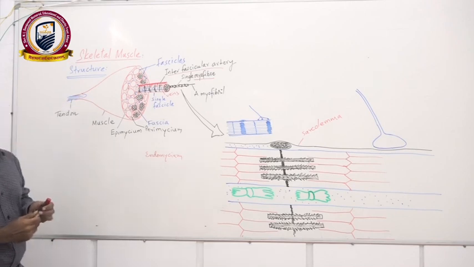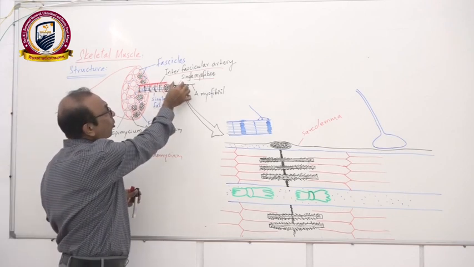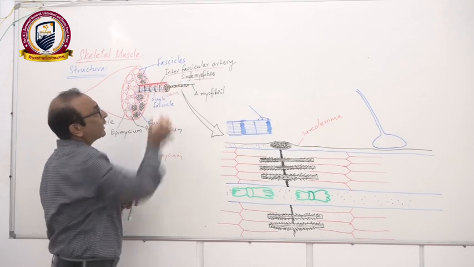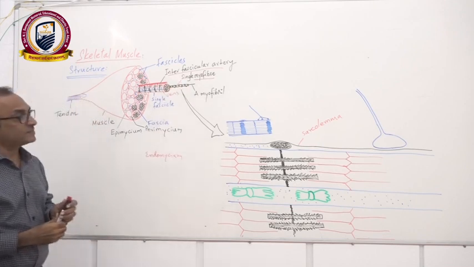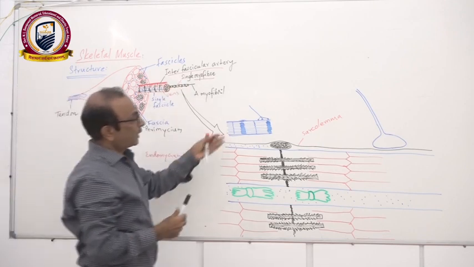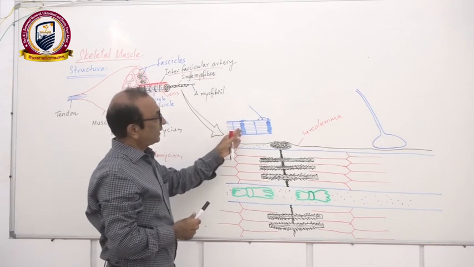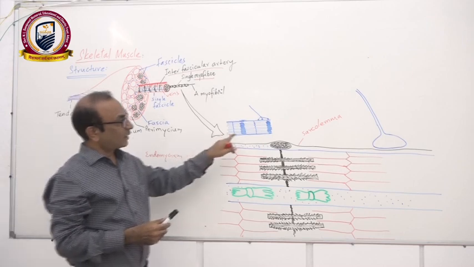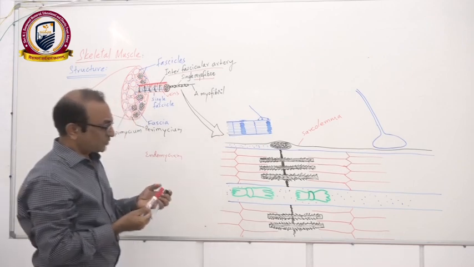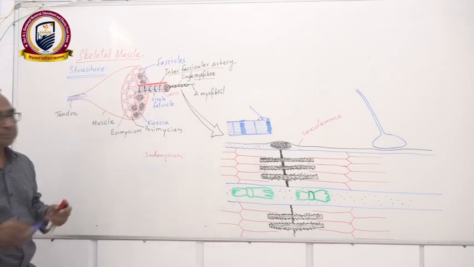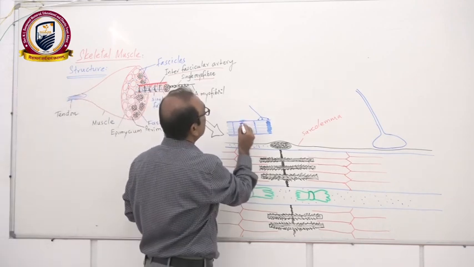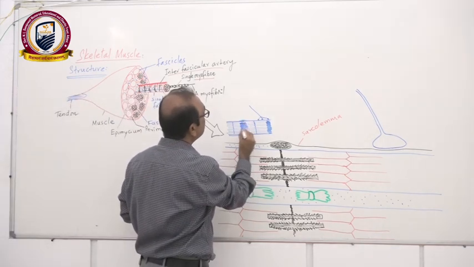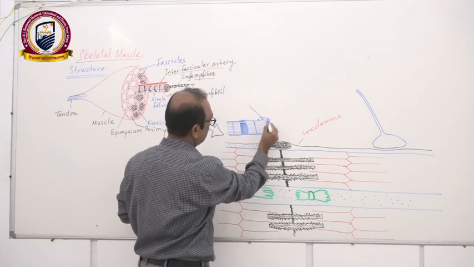Now let us take up a small portion of the myofiber, a single myofiber or muscle cell, which appears like this. You find here the dark and light bands. Dark bands are due to the presence of myosin there. Myosin filaments forming the dark bands like this, thick dark bands.